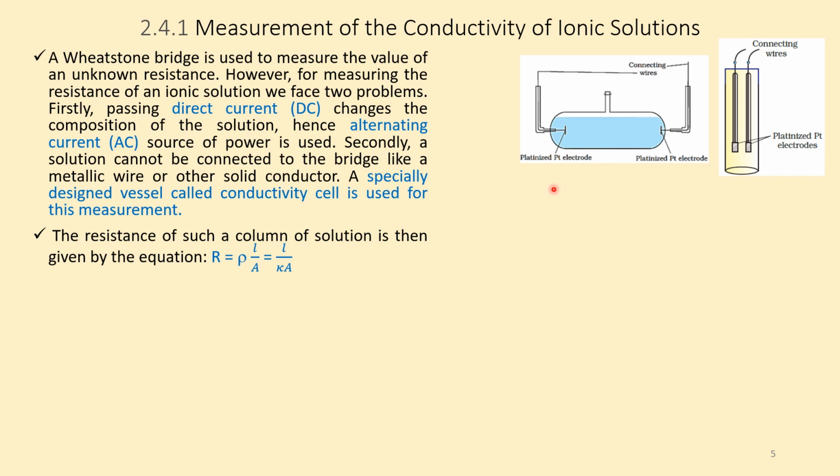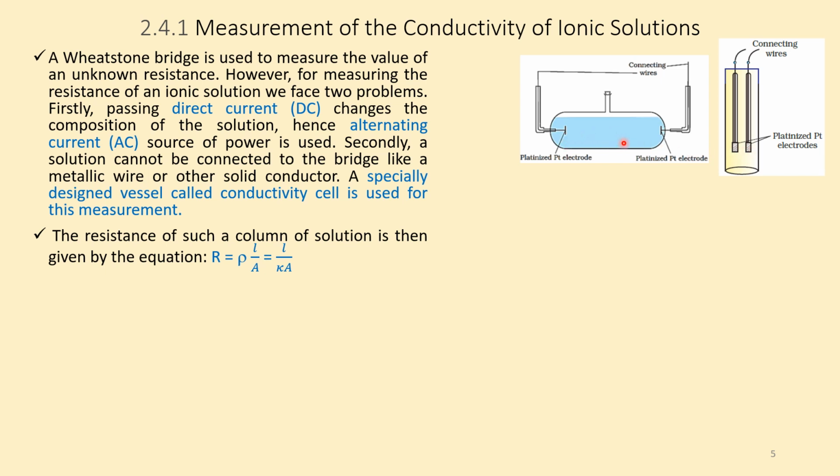Basically, these vessels consist of two platinum electrodes coated with platinum black. These have area of cross section equal to A and are separated by distance L. So the distance L is between two electrodes. This is another type of conductivity cell where the area of cross section is here on the plates and its distance is L here.